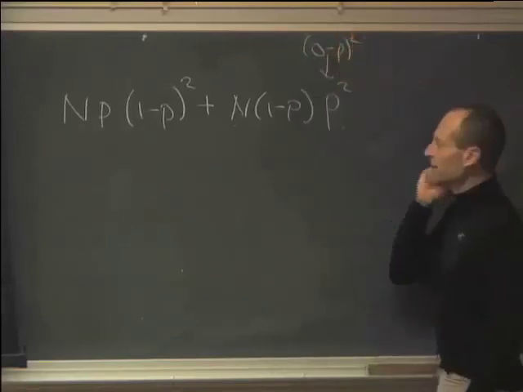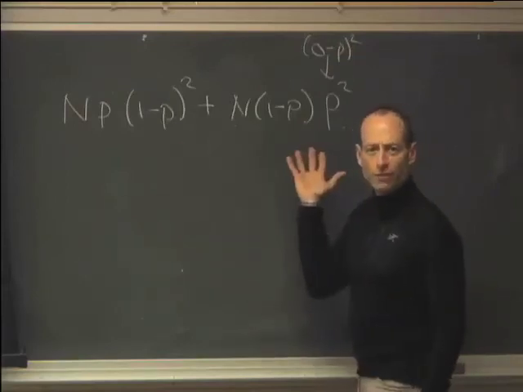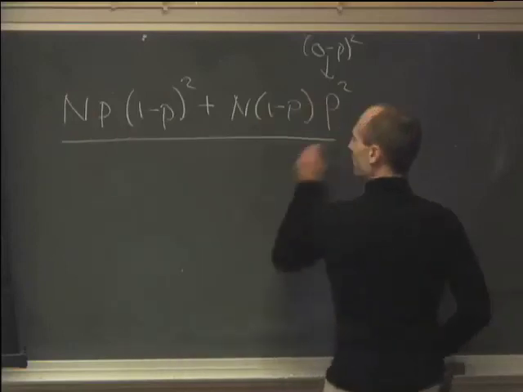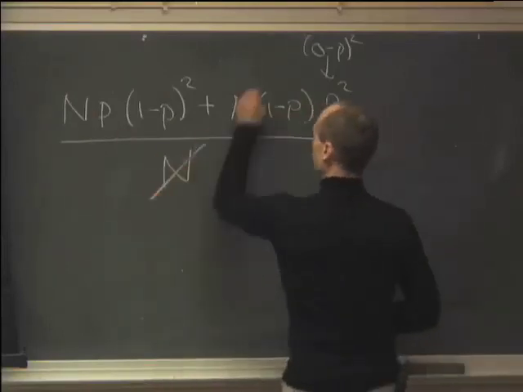Right? And what am I going to do with these? I want to take the average of the squares. So I'm going to divide this by n to get the mean of the squared deviations. That conveniently cancels that.